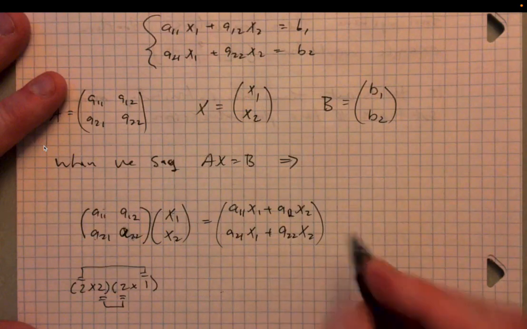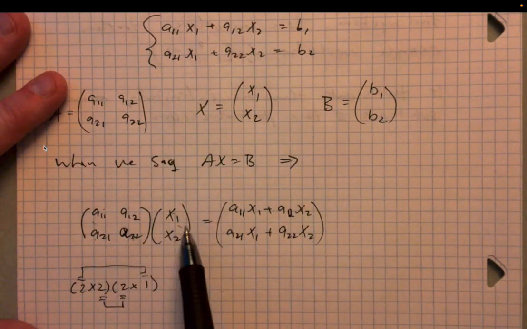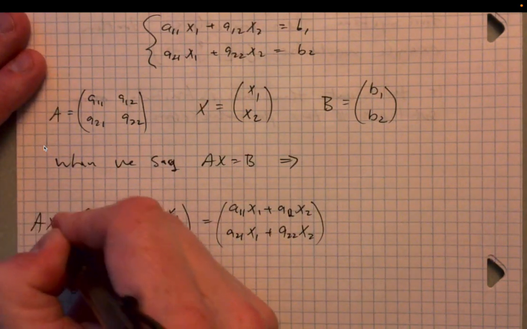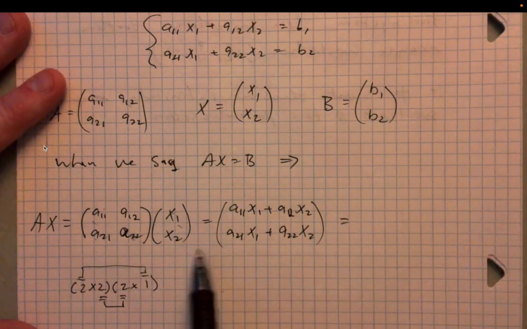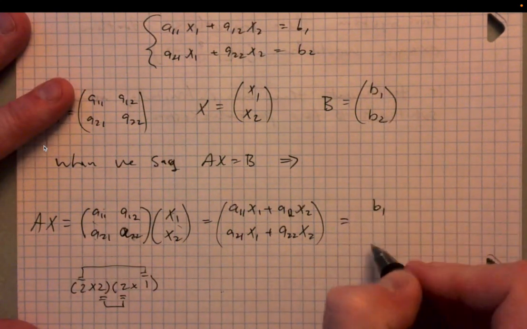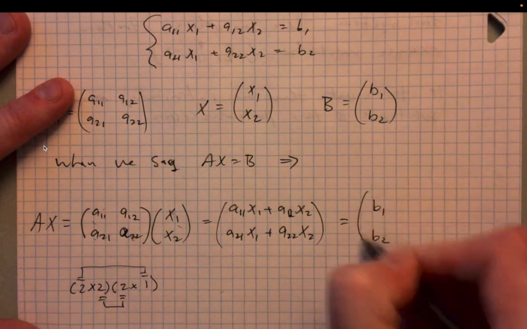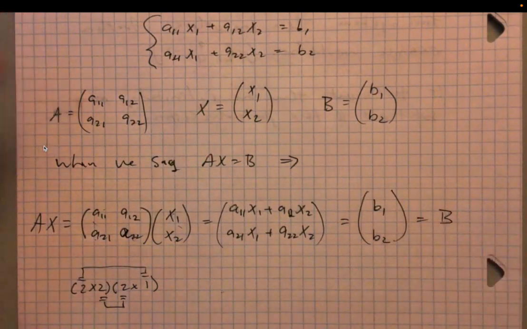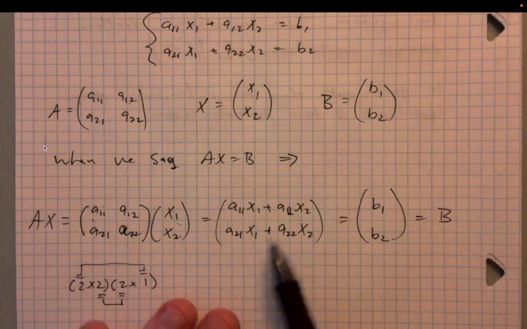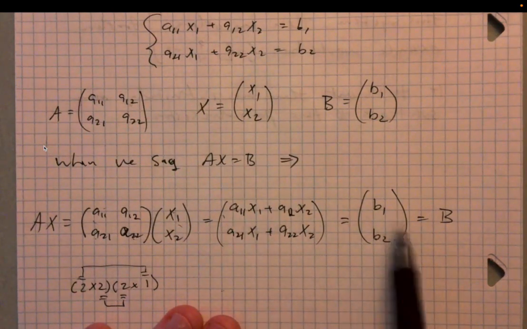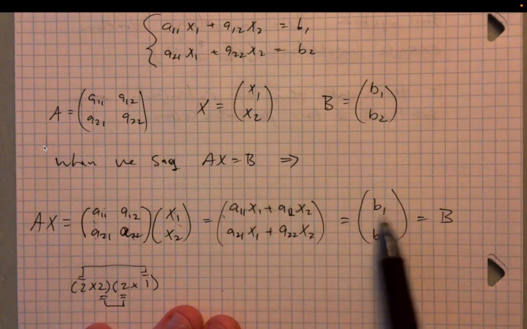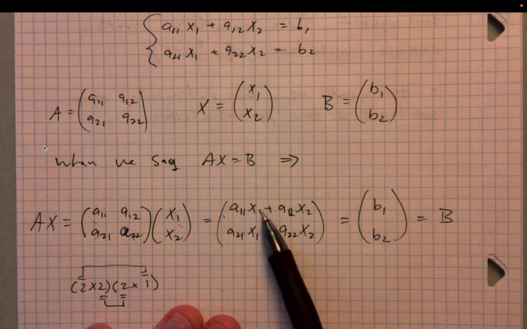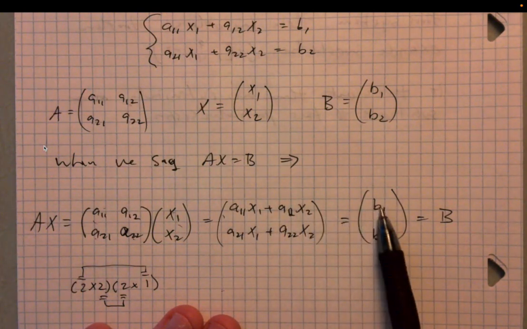Okay. And we're saying that A times X, which is what we just multiplied together here, is equal to B. And so B is B1, B2. And that's indeed the case, right? So now consider what we're basically saying is that the 1,1 entry is equal to B1. So that's A11 x1 plus A12 x2 equals B1.